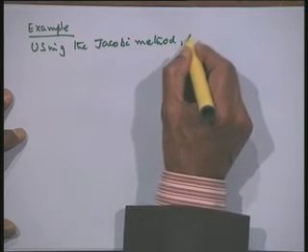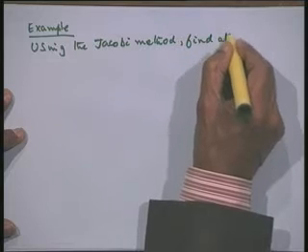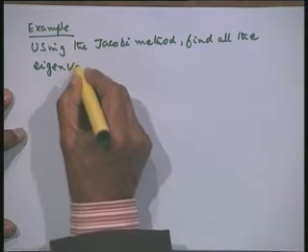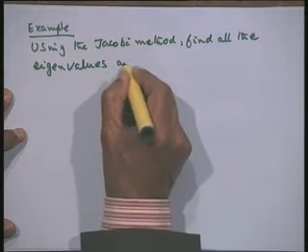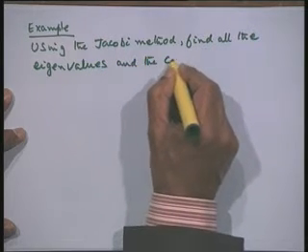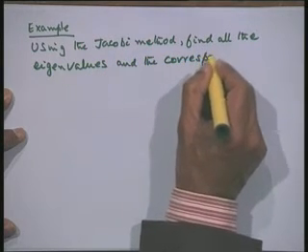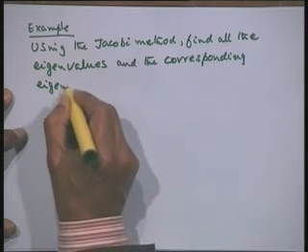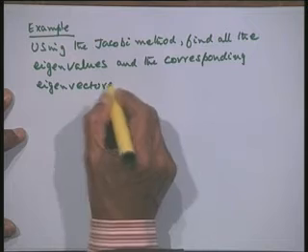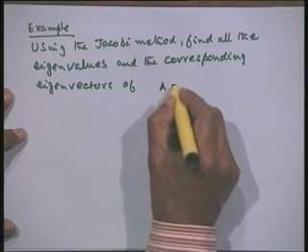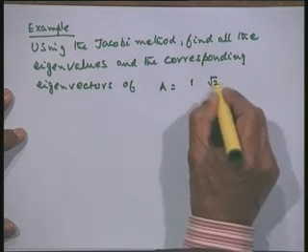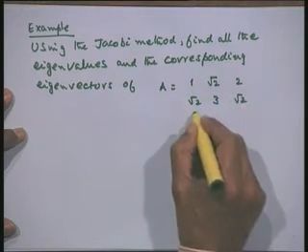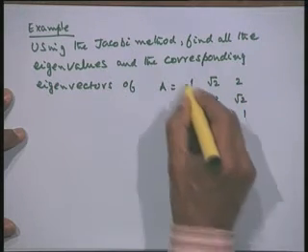Using the Jacobi method, find all the eigenvalues and the corresponding eigenvectors of A equal to 1, root 2, 2; root 2, 3, root 2; 2, root 2, 1.